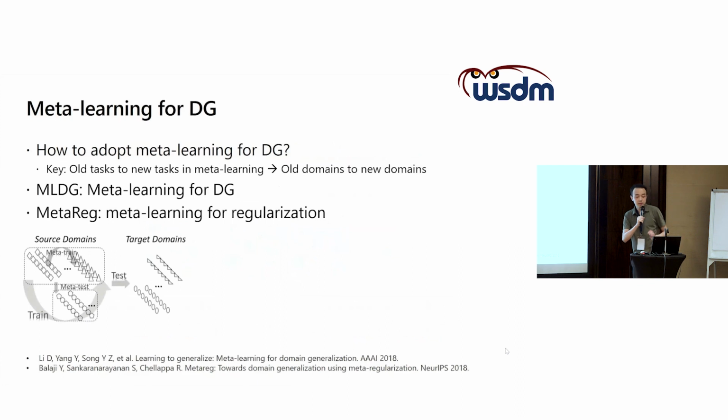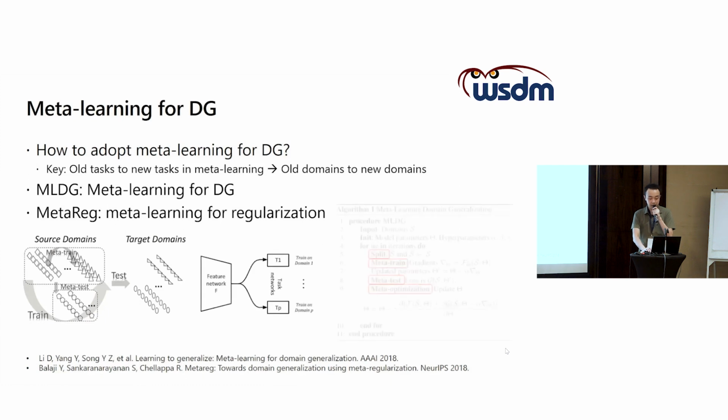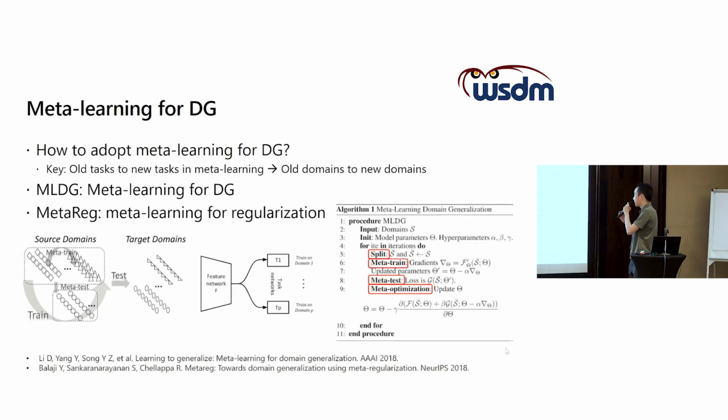Maybe the very first work applying meta-learning to the problem of domain generalization is MLDG, which is short for meta-learning for DG, and there have also been many other methods applied, for example, Meta-Reg, meta-learning for regularization.